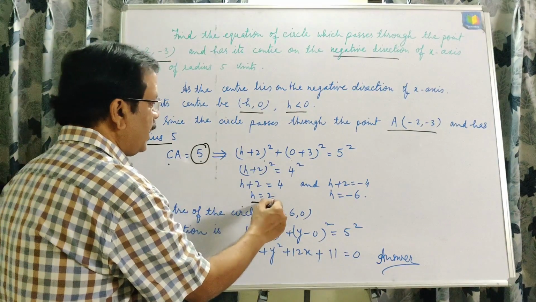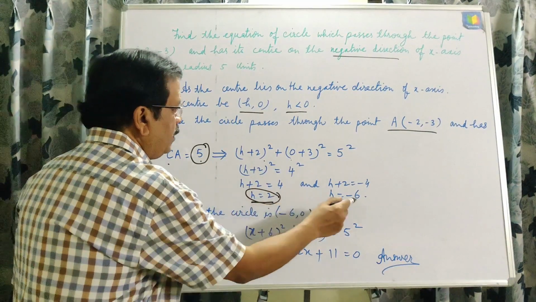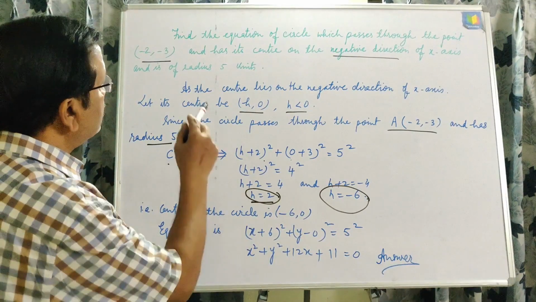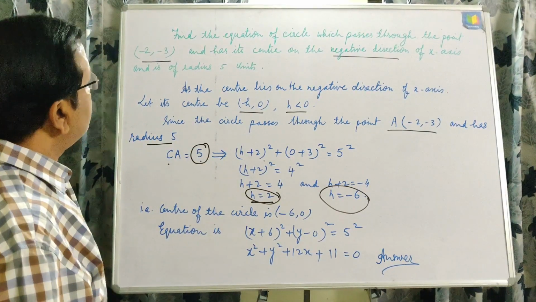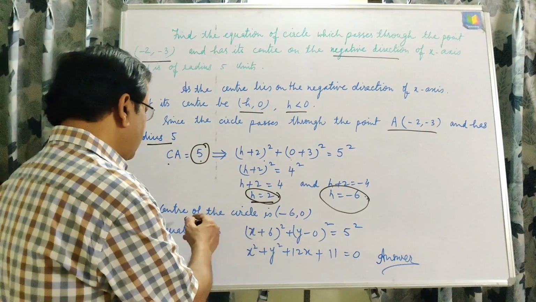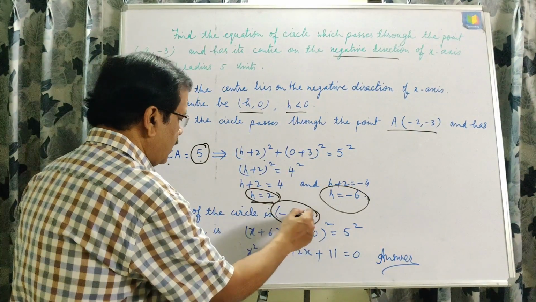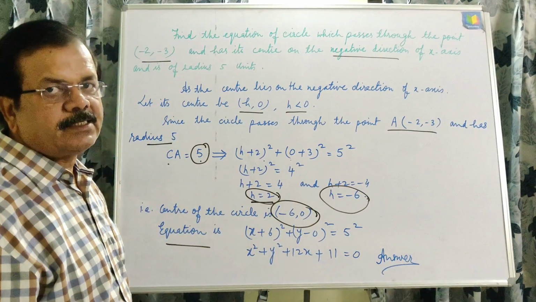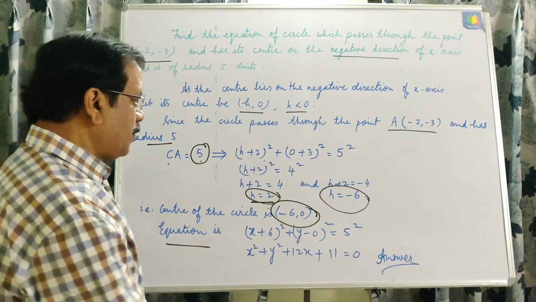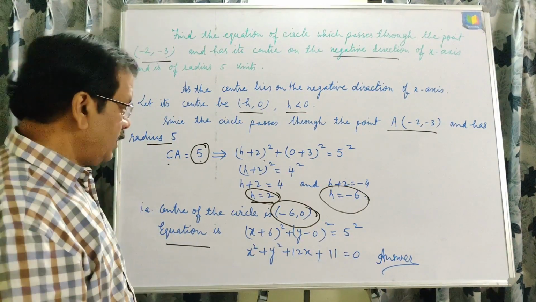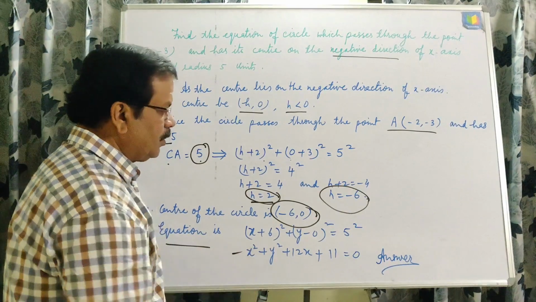This way we get h = 2 and -6, but -6 will be taken because it is given that the center is on the negative direction of the x-axis. So the center is (-6, 0), and the equation of circle is (x - h)² + (y - k)² = radius squared.